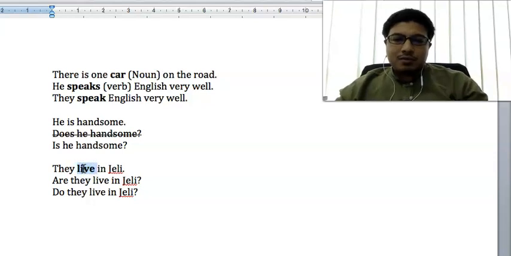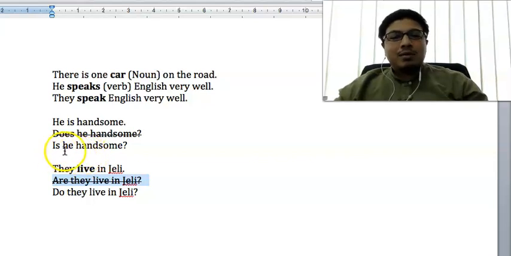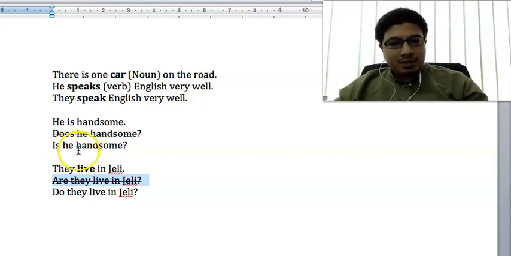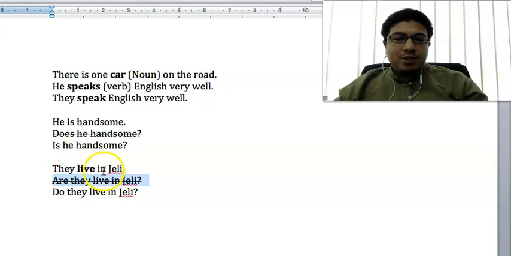When the verb is a word like this, the question that you use would be do they live in Chile. If the verb is a be verb like this, is, are, or am, the question is is he handsome, or are they handsome, or am I handsome? But for they live in Chile, the question should not be are they in Chile.